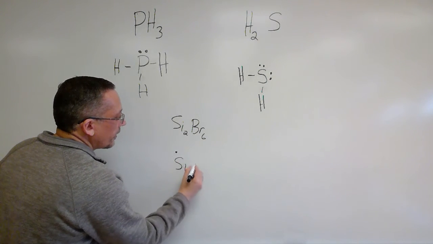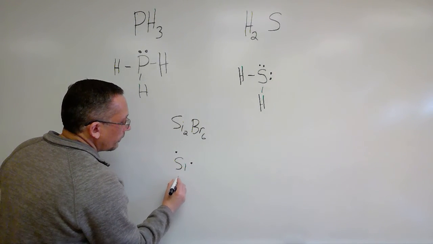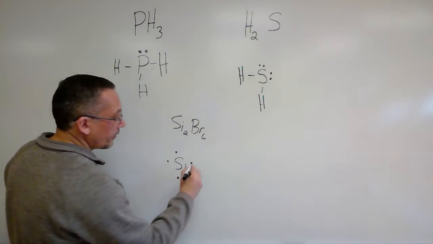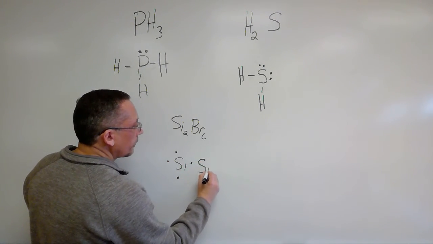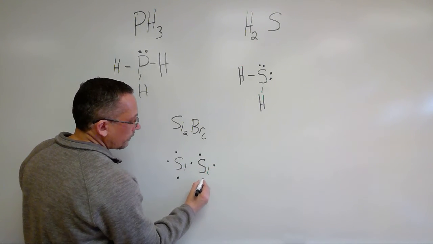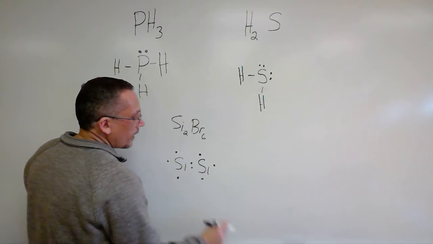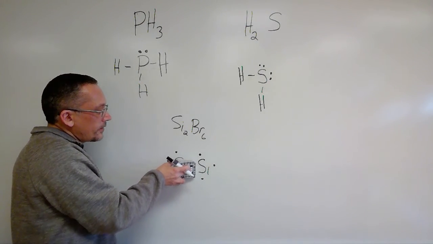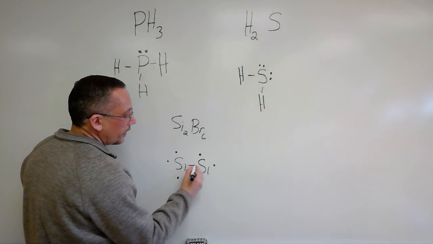I'll put 4 dots around it. And then I'll do my second silicon right next to it, also with 4 dots. And you can see the 2 of them are sharing a pair of electrons. So we'll turn that into a bond.